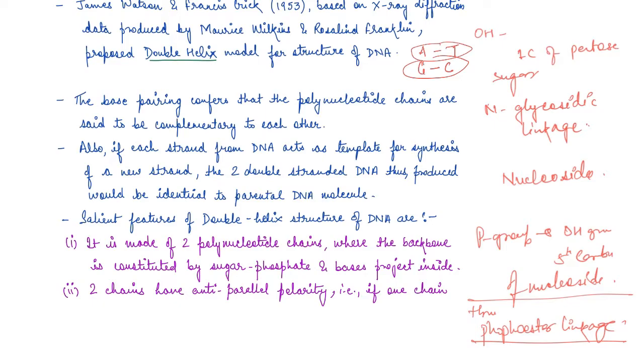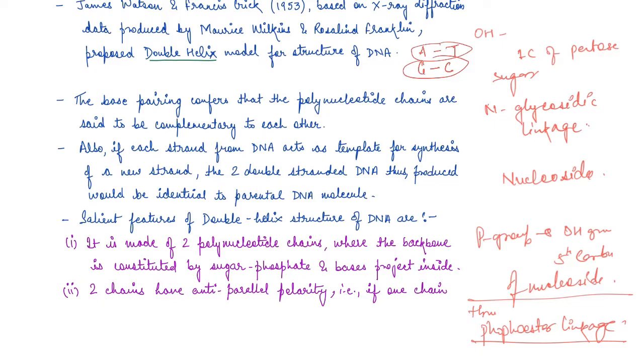Now the base pairing means that the two polynucleotide chains which form the DNA are complementary to each other. That is why, if the sequence of bases in one strand is known, the sequence in the other strand can be predicted because it is complementary.